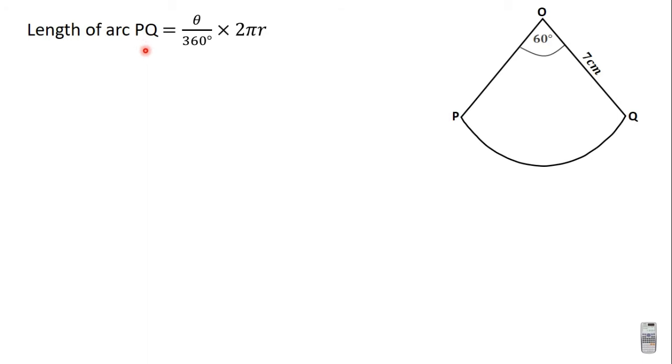From the video on circles, we learned that the length of an arc is equal to theta divided by 360 times 2 pi r, where r is the radius of the circle and theta is the angle between the two radii forming the sector. So theta is 60 degrees and r is 7 centimeters. You substitute them into this formula and you are going to have 7.3 centimeters. So the length of the arc PQ is 7.3 centimeters.